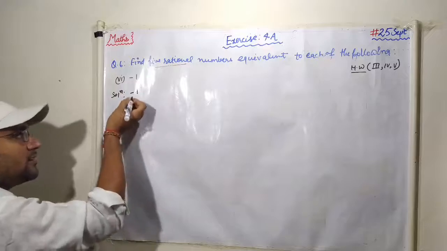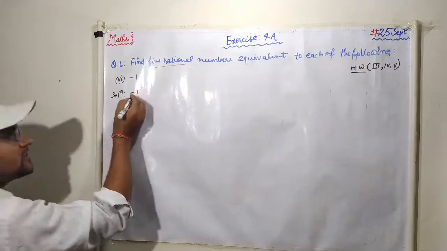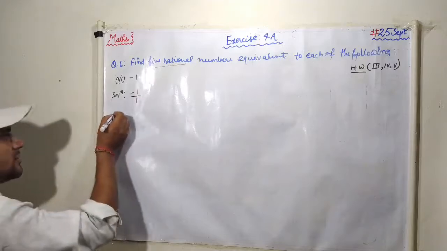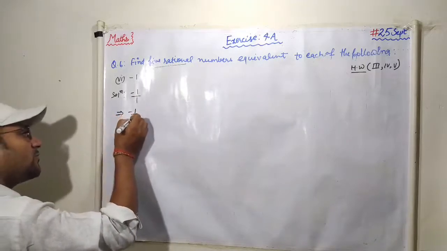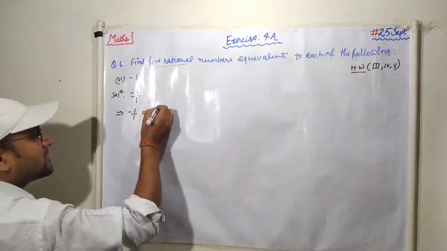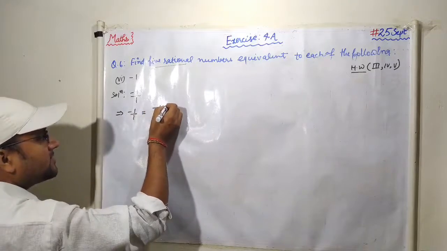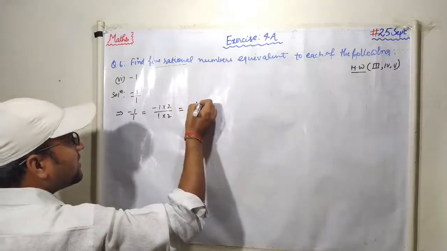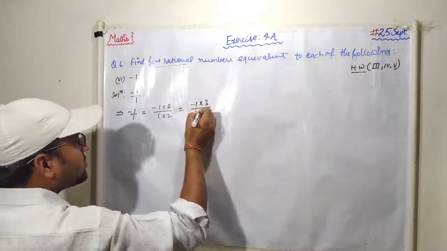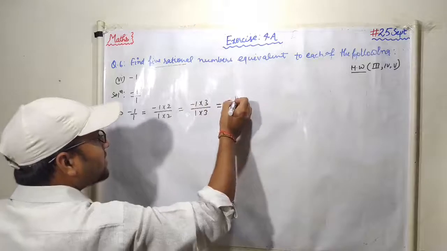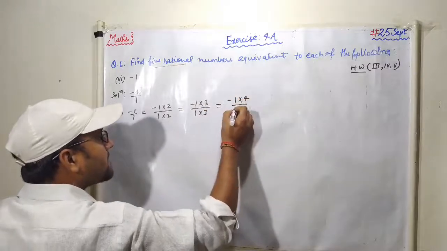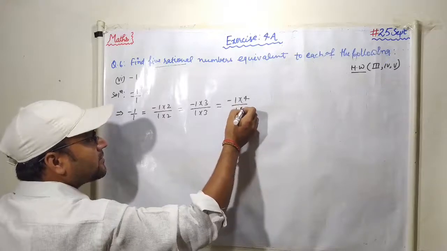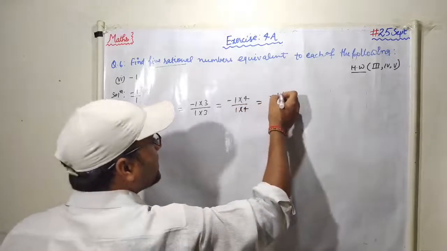Minus 1, here is the numerator only, so we'll write it as minus 1 upon 1, okay. Then minus 1 upon 1 is equal to minus 1 multiplied by 2 upon 1 also multiplied by 2. Minus 1 multiplied by 3, 1 also multiplied by 3. Minus 1 multiplied by 4, 1 multiplied by 4. Minus 1 multiplied by 5.